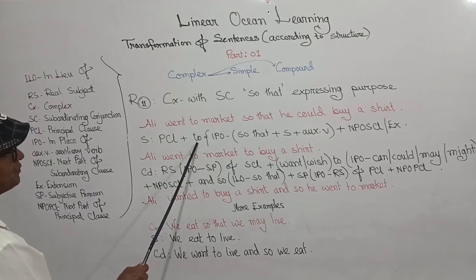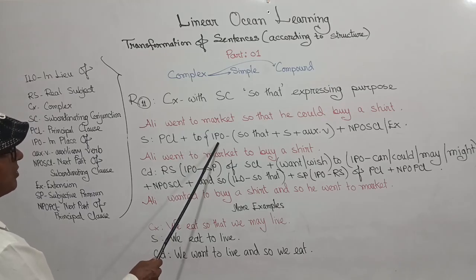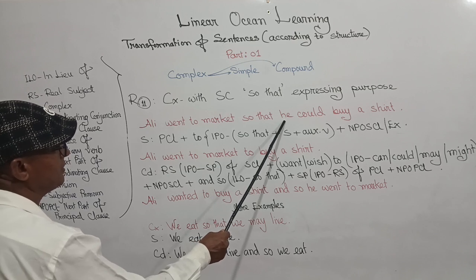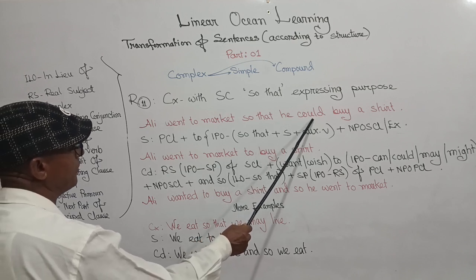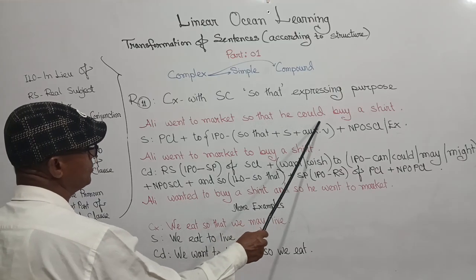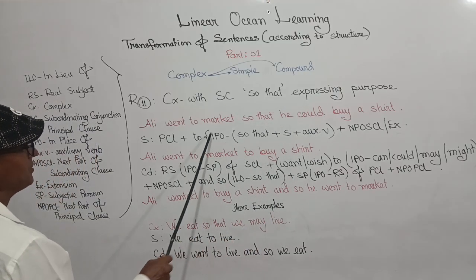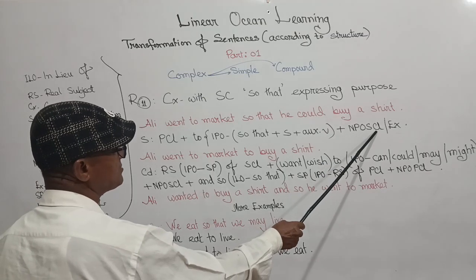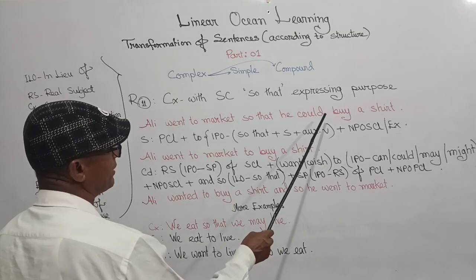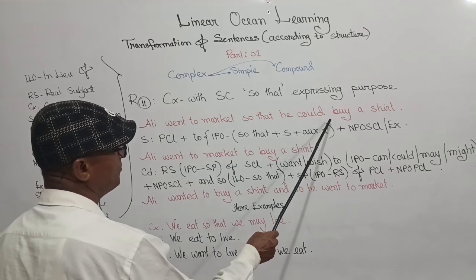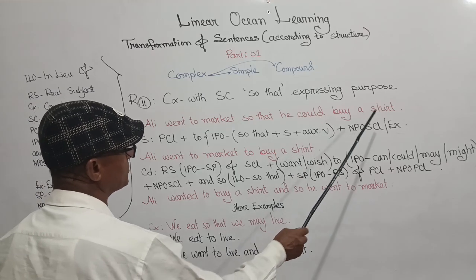Then "to" in place of "so that" plus subject plus auxiliary verb "could", plus the next part of the subordinating clause, or extension. The next part of the subordinating clause after the auxiliary verb is "buy a shirt".